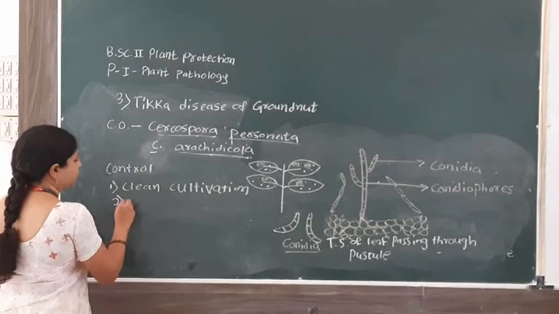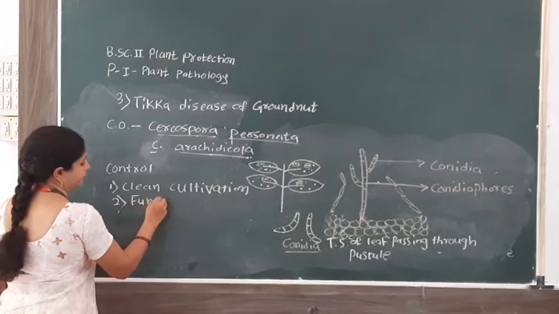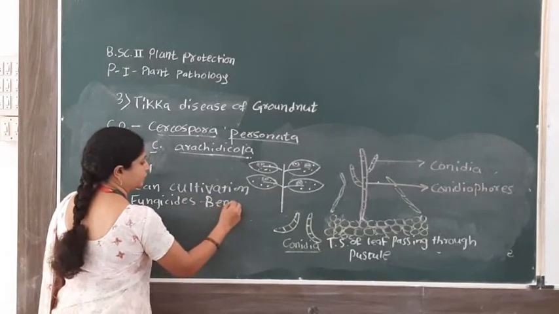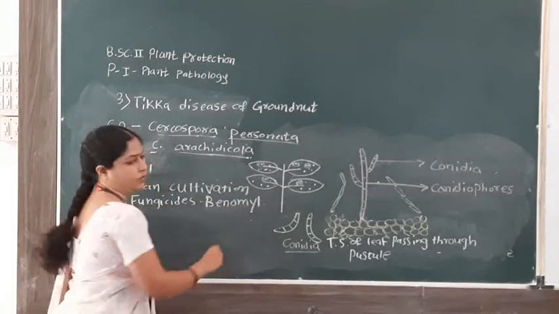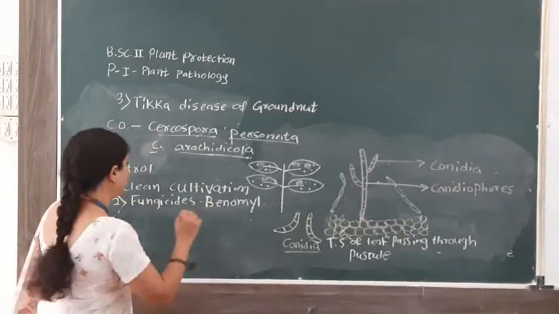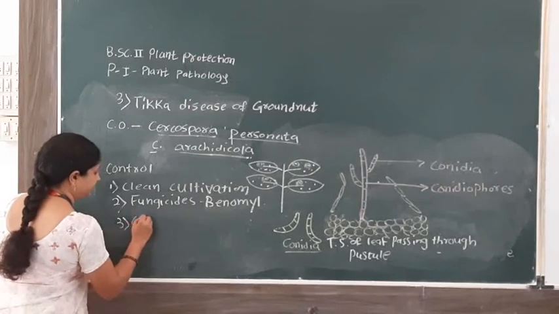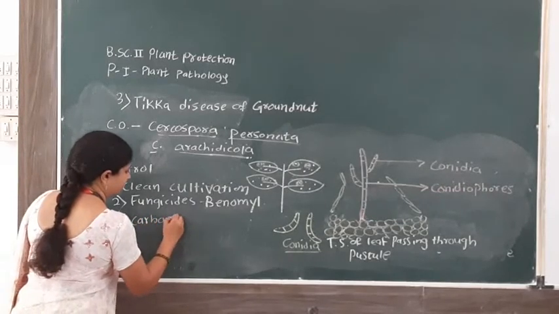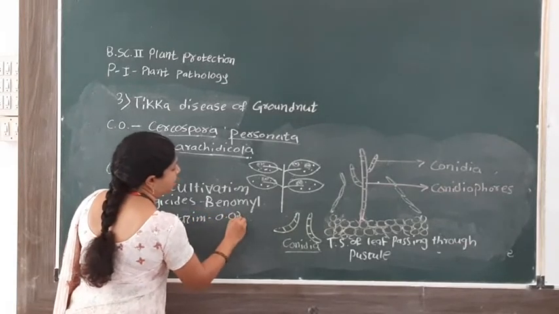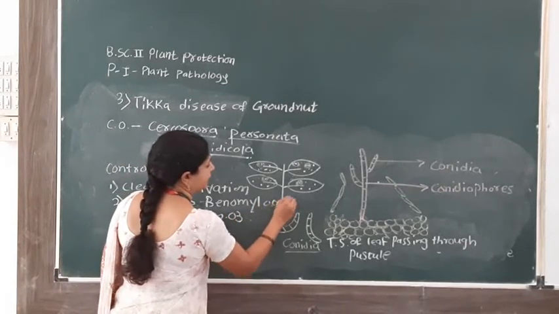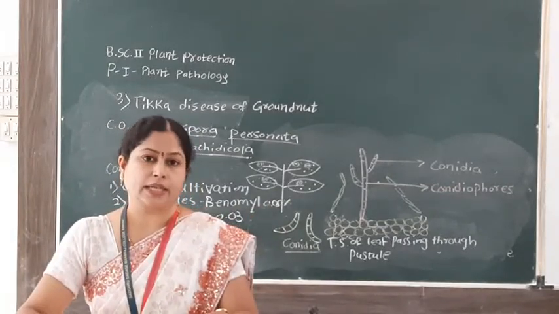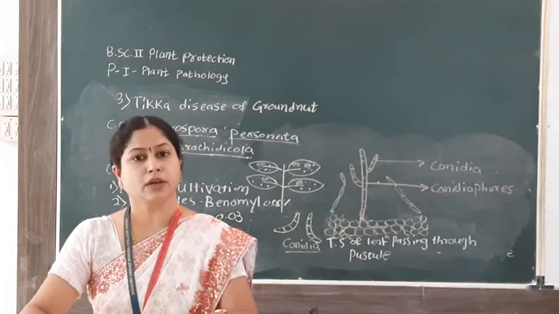Next, use of fungicides like Benomyl, use of carbendazim 0.03%, Benomyl 0.05%, and use of disease resistant varieties. These are some of the simple control measures.